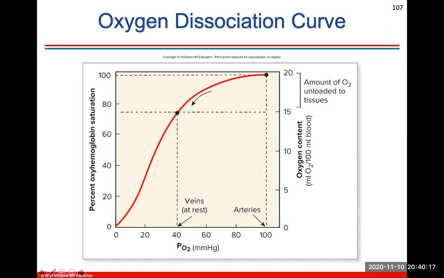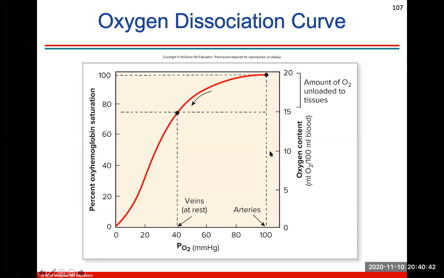And this just shows you the oxygen dissociation curve, which shows how well oxygen can dissociate from hemoglobin at different partial pressures of oxygen throughout the body, whether it's veins at rest. At veins, the percent of oxyhemoglobin is a little less than 80% saturated, but in your arteries, it's about 100% saturated.